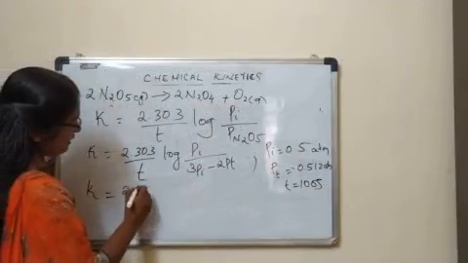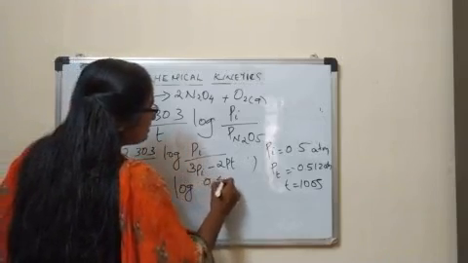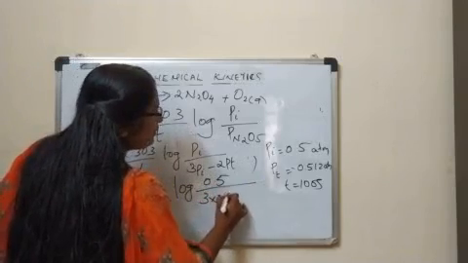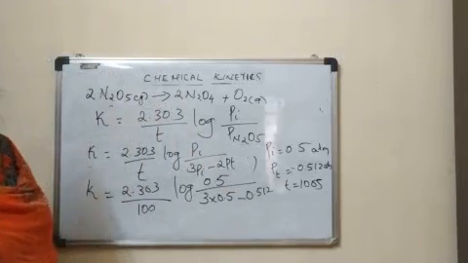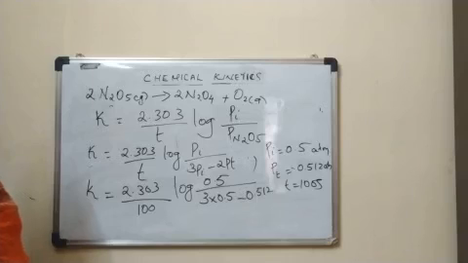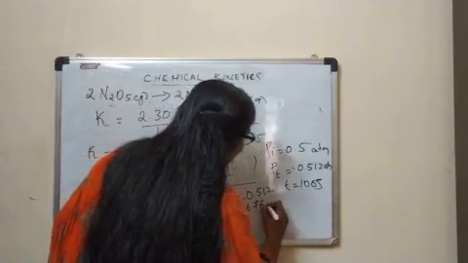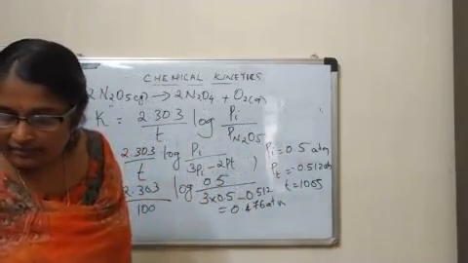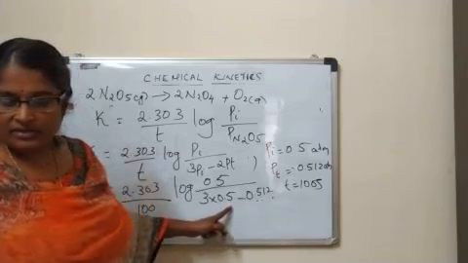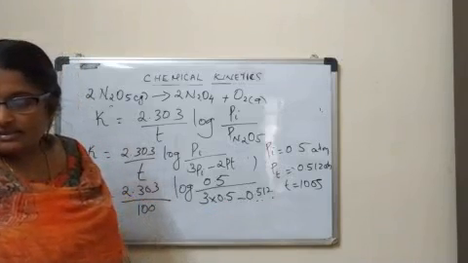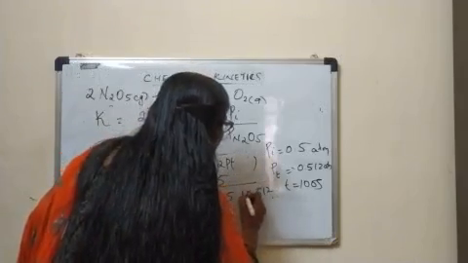So you can substitute in this equation. K is equal to 2.303 by T, that is 100, into log of Pi, which is 0.5, divided by 3 into 0.5 minus 2 into 0.512.